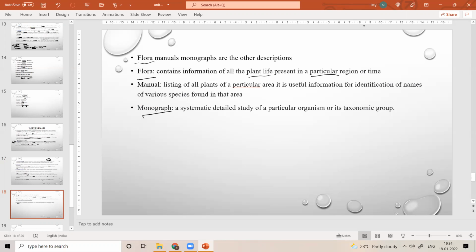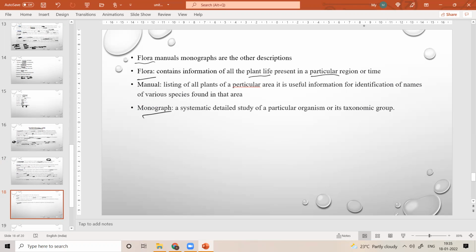That means flora of Andhra Pradesh, flora of Telangana, or of some other state will be printed as one bound book, in which all plants recognized in that particular region will be recorded with their respective photographs and other features. That is what flora is.